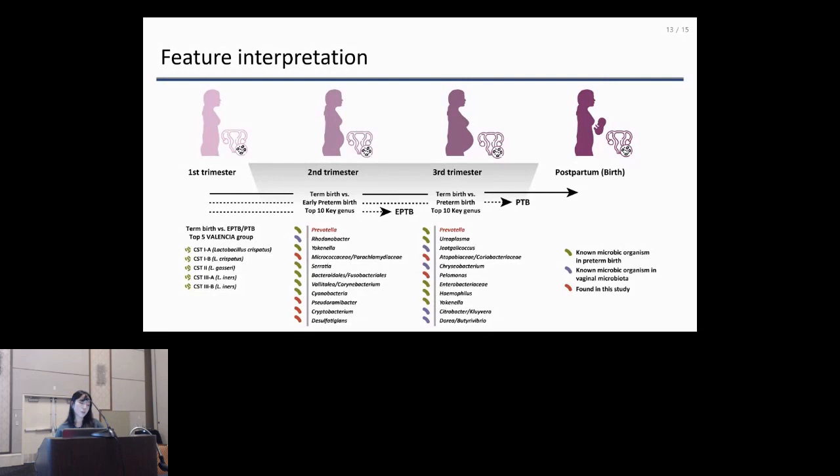Likewise, we looked into the top 5 CST features, and it showed similar results through the interpretation. We found that Lactobacillus and the genus Prevotella are highly related to preterm birth.